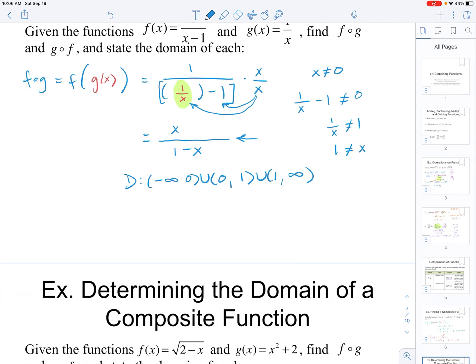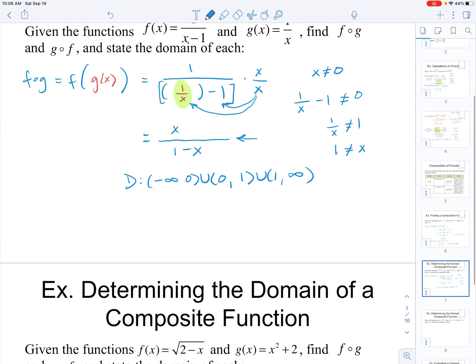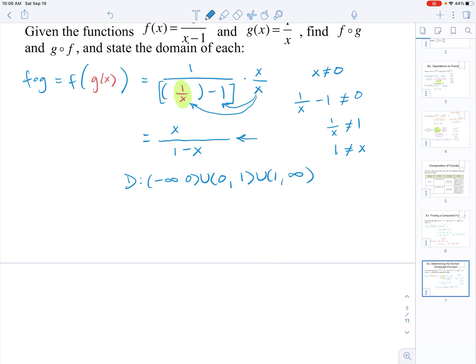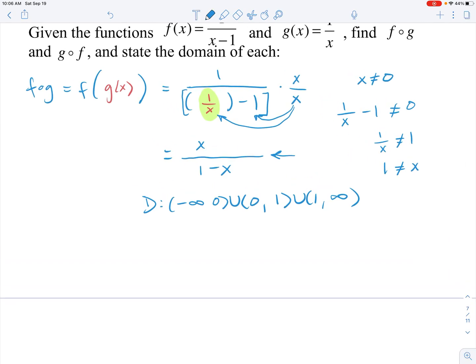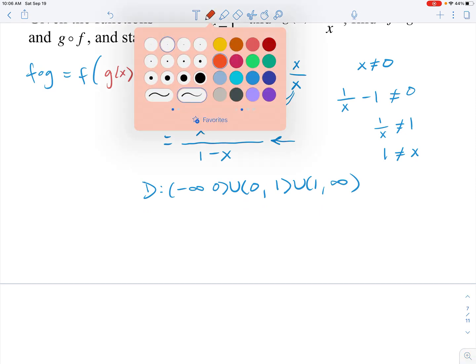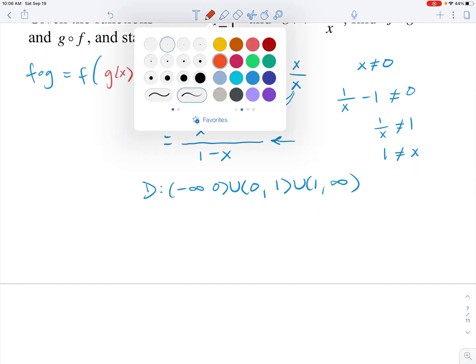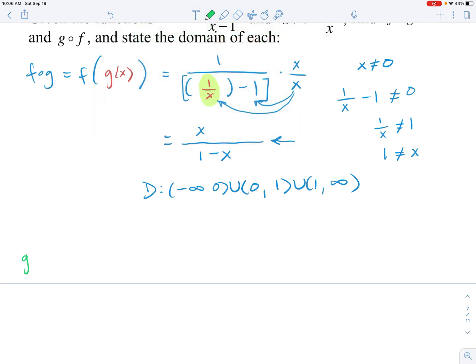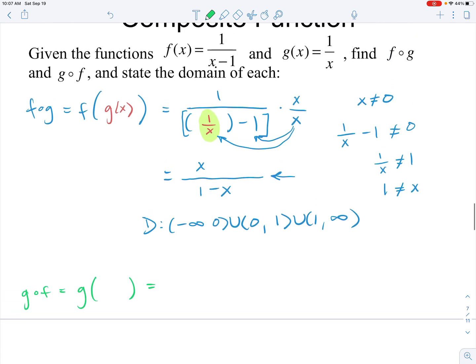I'm going to give myself an extra page just so that I don't have to squeeze my work for G composed with F on here. Okay, so G composed with F. That's G as the outside function.